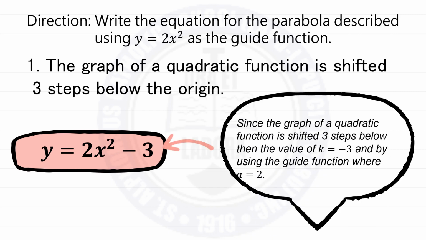Since the graph of a quadratic function is shifted 3 steps below, then we could say the k is negative, and it is 3 steps, that means negative 3. And by using the guide function y equals 2x squared, where the value of a is 2, we will have our equation y equals 2x squared minus 3.